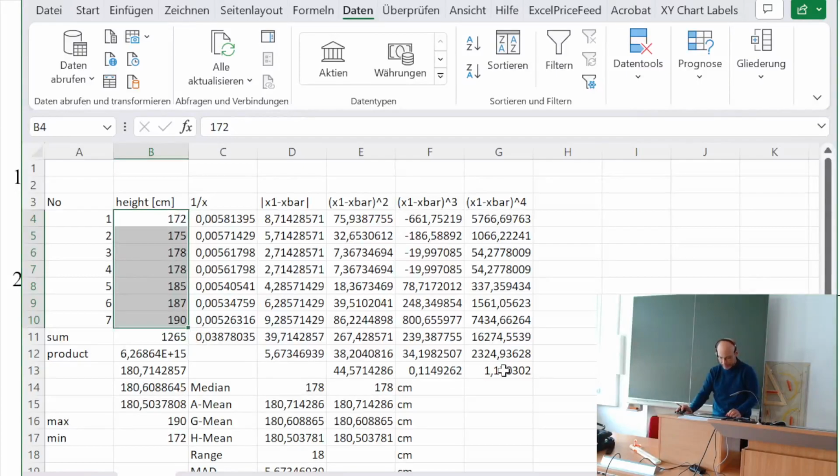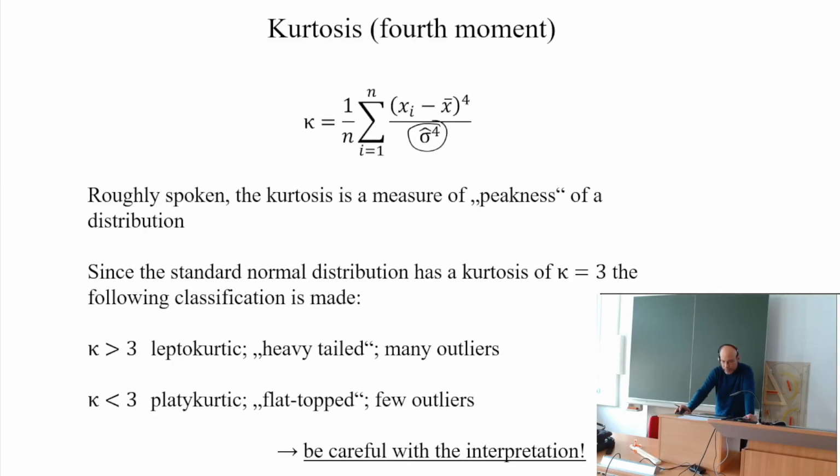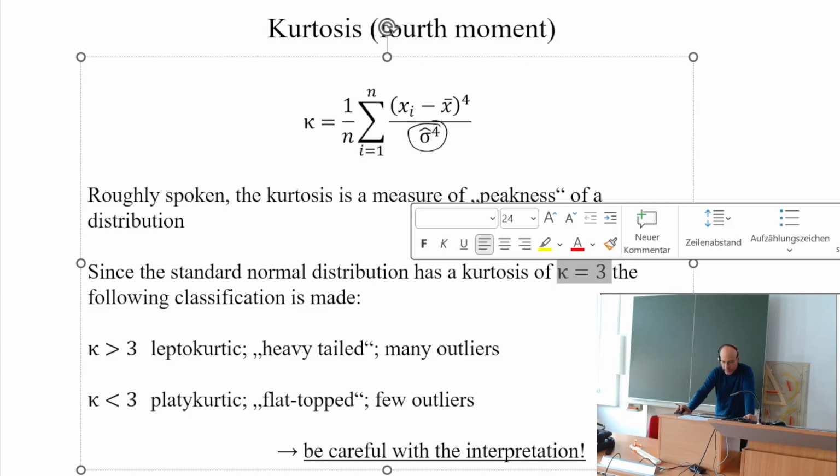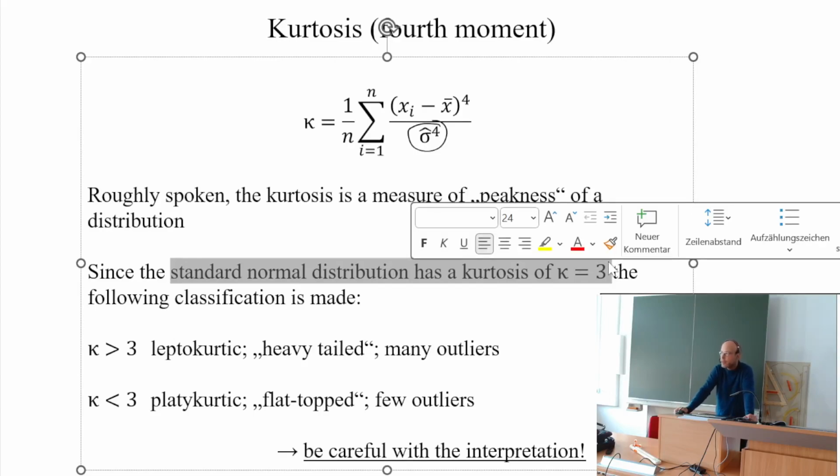Okay, and then in order to interpret the kurtosis, we can look at the standard normal distribution. What is the standard normal distribution? It has an expected value of 0 and a standard deviation of 1.